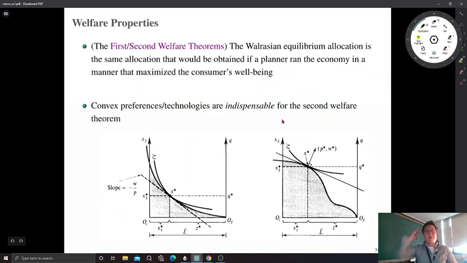All right, and finally, we can study welfare properties of Walrasian equilibrium. So we can derive two versions of welfare theorems. First, the first welfare theorem states Walrasian equilibrium is efficient.